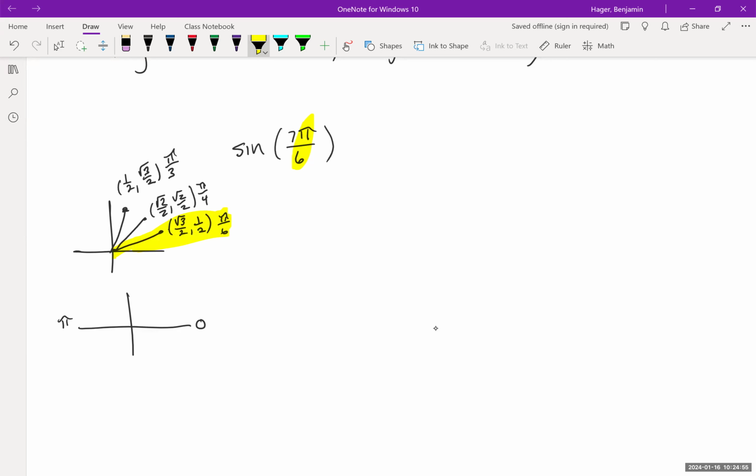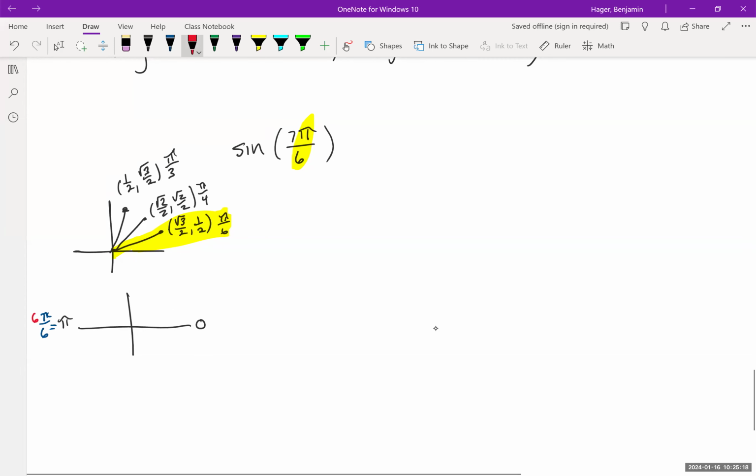Then relate these anchor points to the way you've cut your pizza. In other words, to get to pi, I want to know how many pi over 6 slices it takes to get to pi. Well, that would be 6 of them, right?